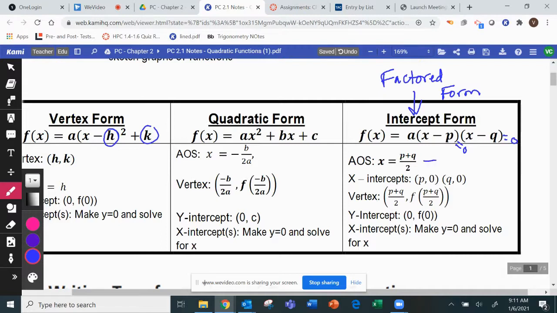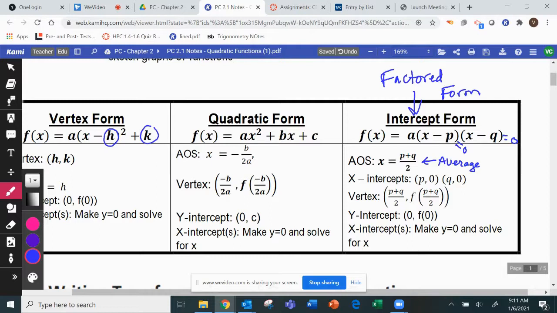We're going to average those to find the middle, and that would be your axis of symmetry: x equals the middle of p and q. And then for the vertex, you will take that x value, plug it into the equation, and that will give you the y value.